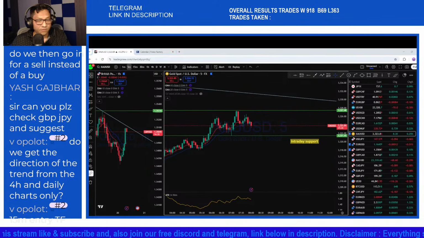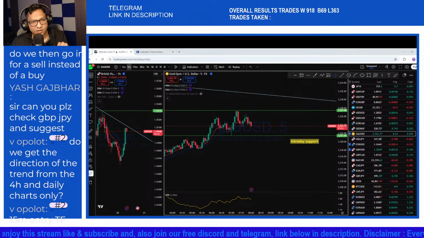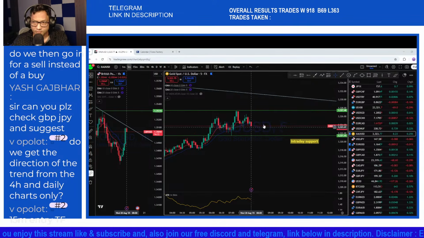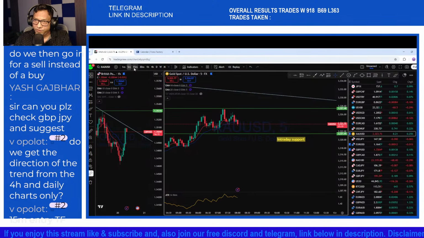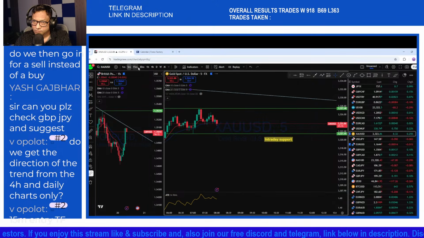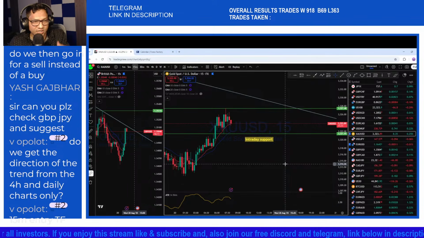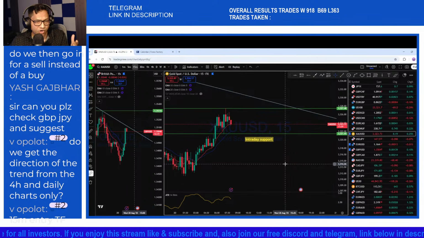For a 15 minutes entry time frame, I would say 4 hour is the higher time frame. So for 15 minutes, 4 hour is the higher time frame, because you might see the daily a little different trend.